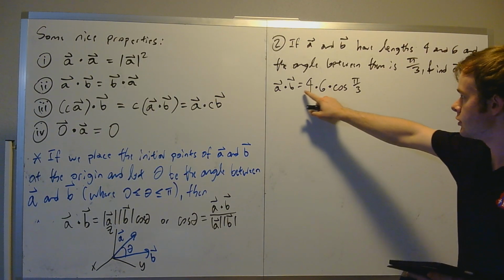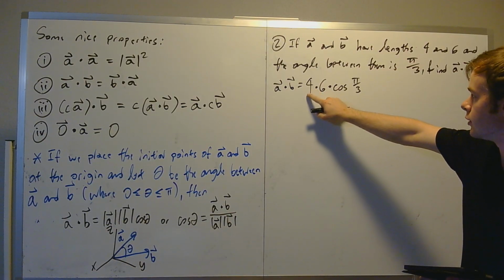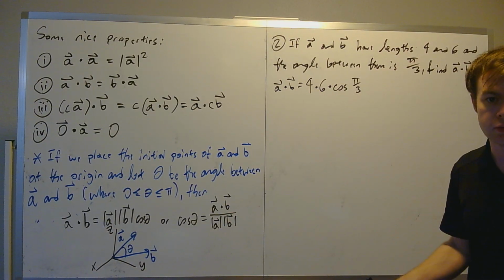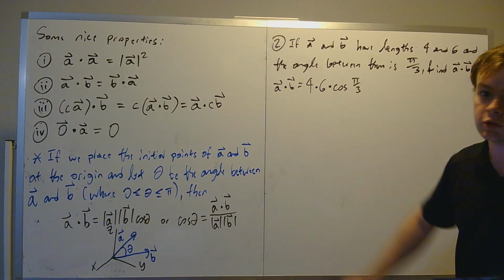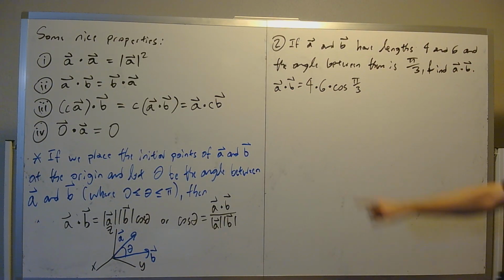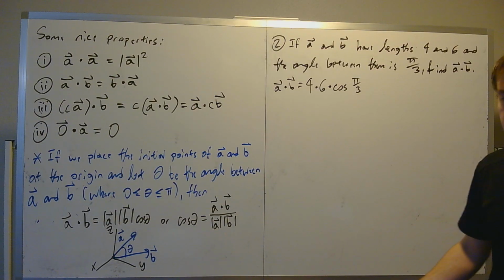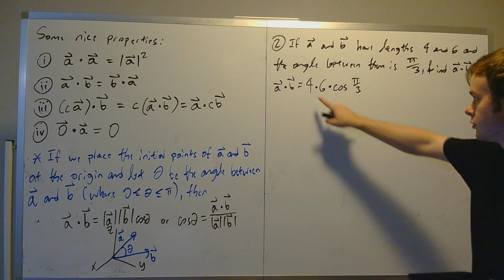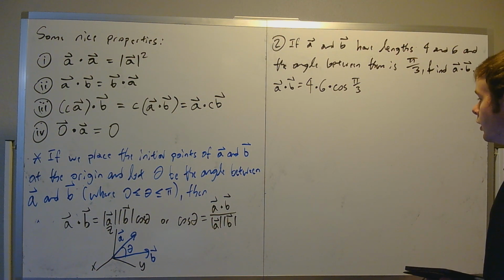So notice here, I'll still use this symbol for multiplication, but if you're multiplying two numbers, that's just what you normally do. Whenever you see this dot between two vectors, that's when we're using the dot product. But if you're using this symbol between two numbers, it just means regular multiplication. Okay, so this is just 4 times 6 times cosine of 60 degrees.